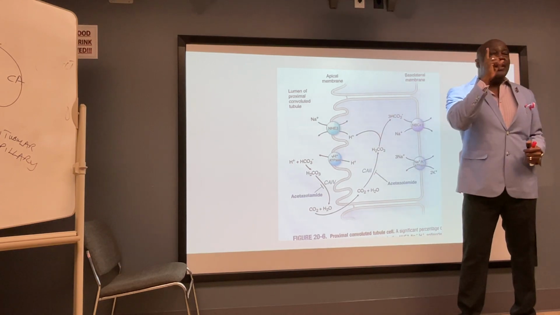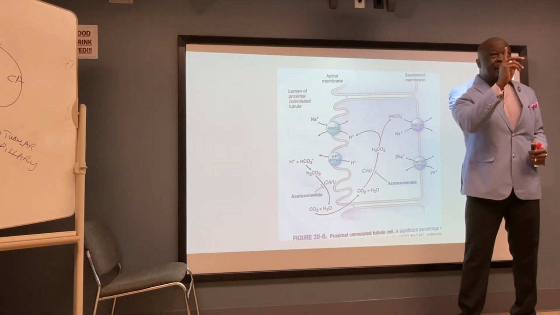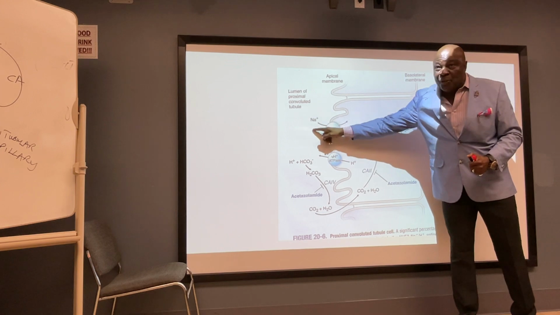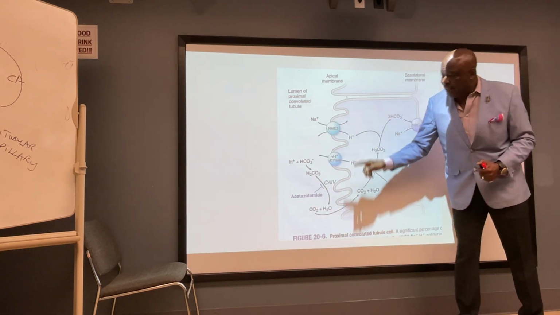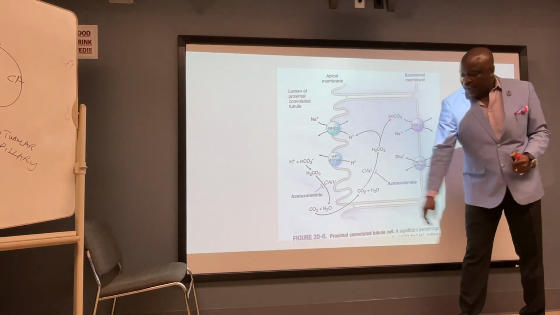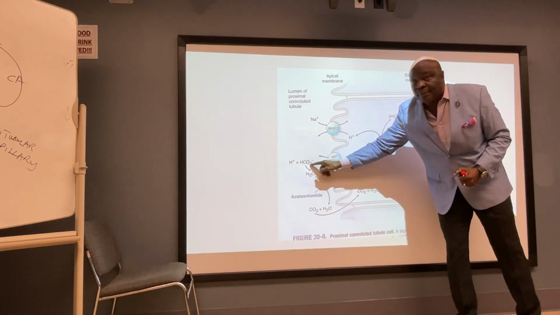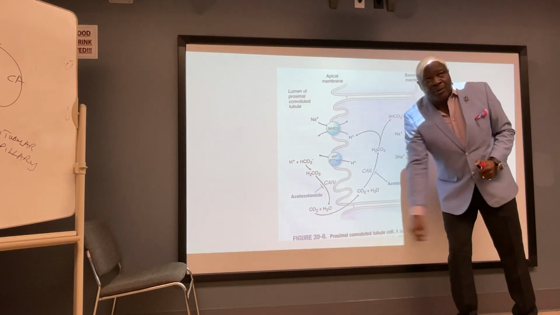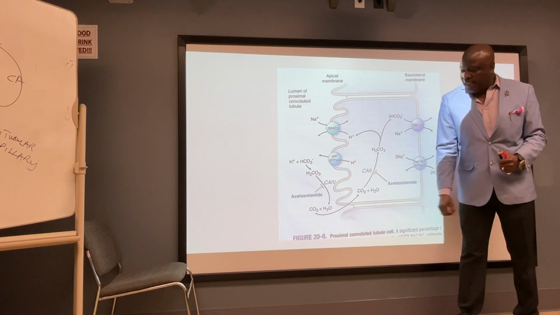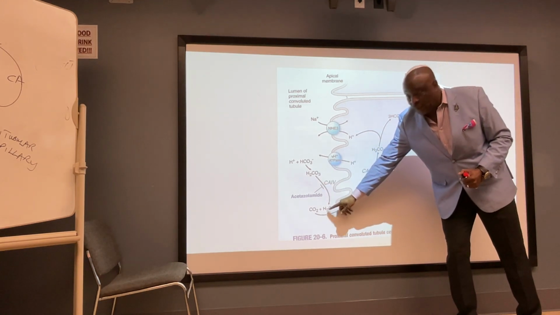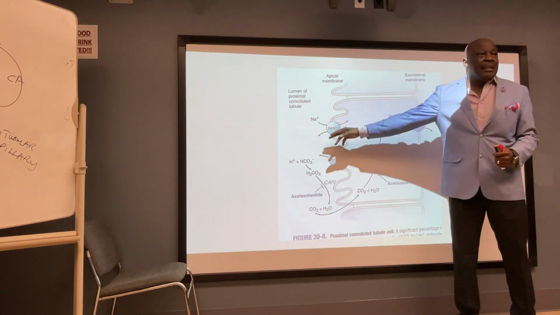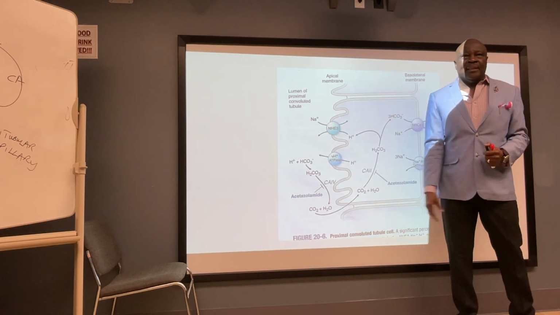So that's why when you give carbonic anhydrase inhibitors, these are the things that will happen. There will be sodium excretion because there's no hydrogen ion going there. There will be bicarbonate that is going in the urine, alkalinizing the urine, and there is water that is going there. So that is how this is a diuretic.